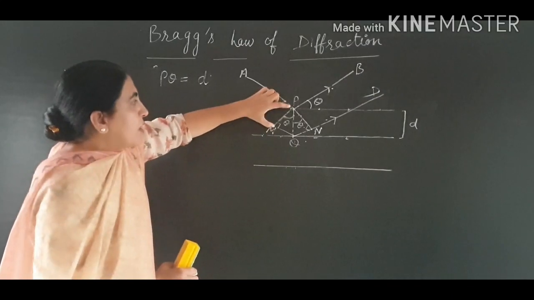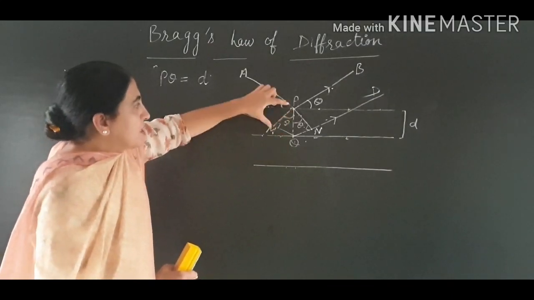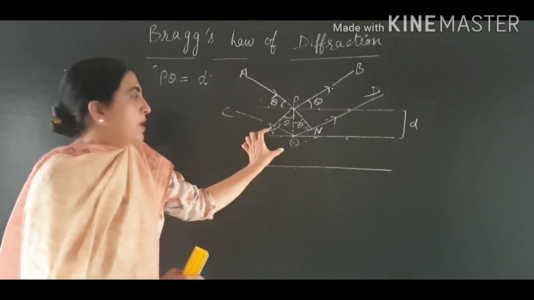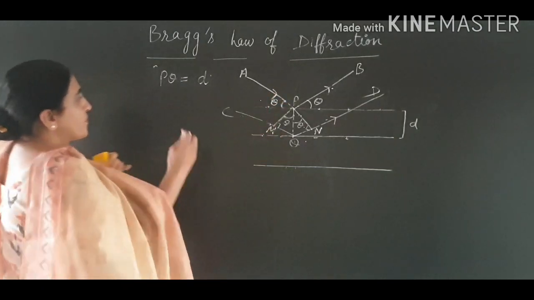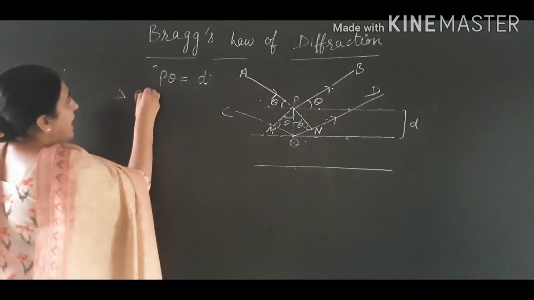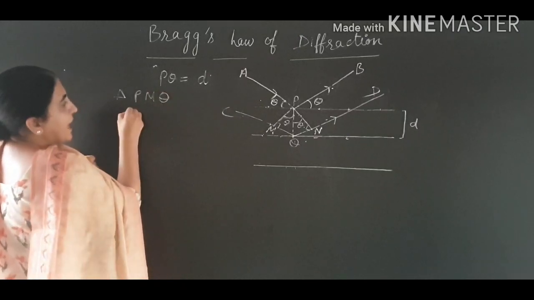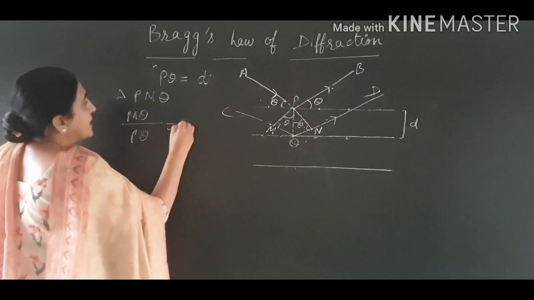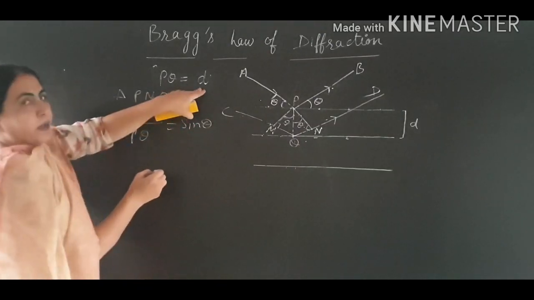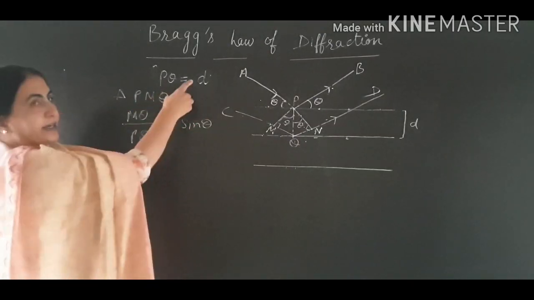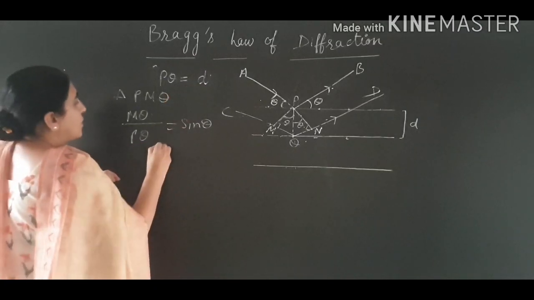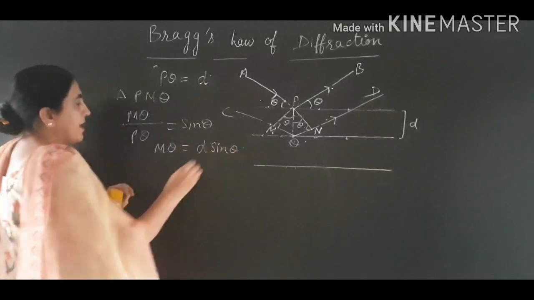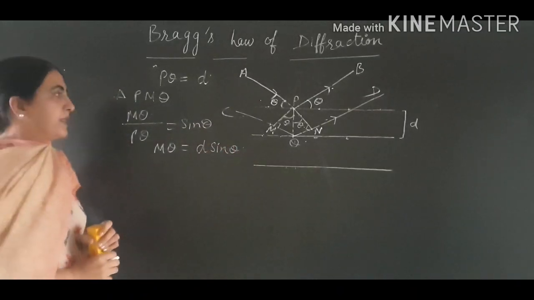This is the base because the angle theta is here, PQ is the hypotenuse, and MQ is the perpendicular. MQ divided by PQ is equal to sine theta. PQ is d, so MQ is equal to d sine theta.